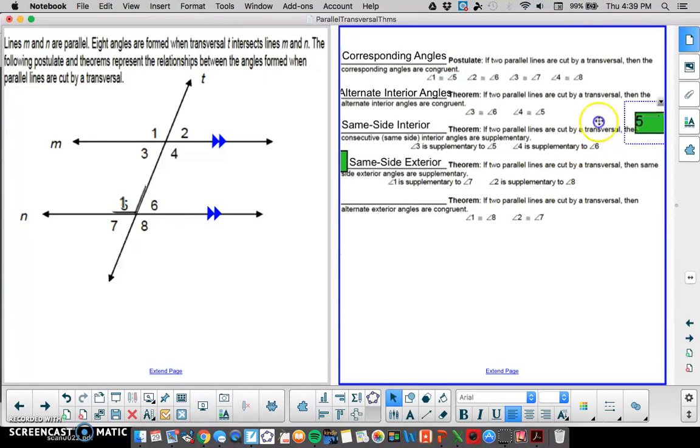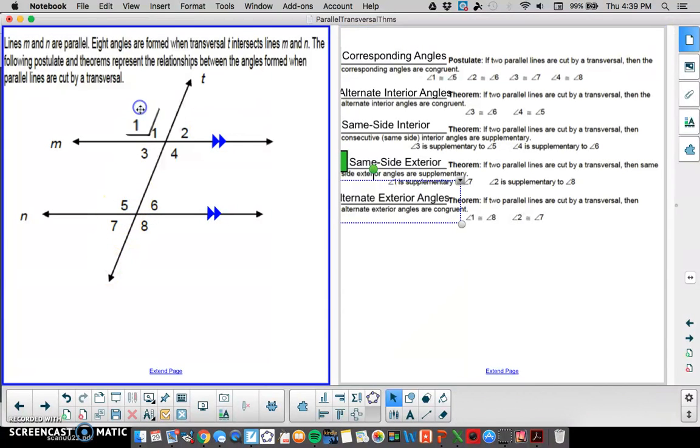Next, we have alternate exterior angles. So for example, 2 and 7. Or I could pick 1 up. So here's angle 1. I could pick that up, turn it around, and notice that it is the exact same measure as angle 8. Those are alternate exterior angles, and they are congruent.